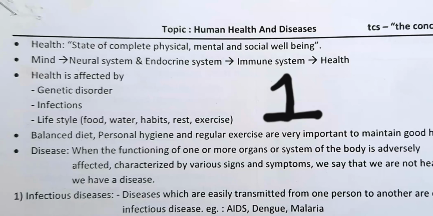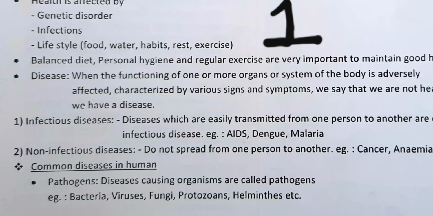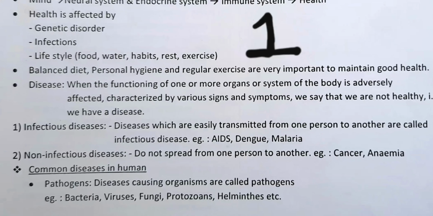When would you consider a person suffering from disease? When a person's one or more organs or systems are affected negatively, adversely, and that shows certain signs and symptoms, we say one is suffering from a certain disease. We can classify these diseases into two categories, as mentioned here.